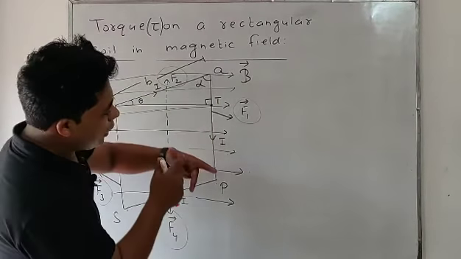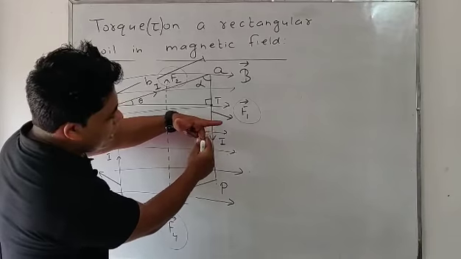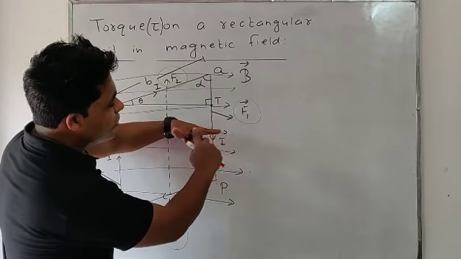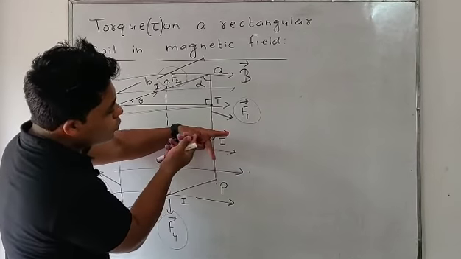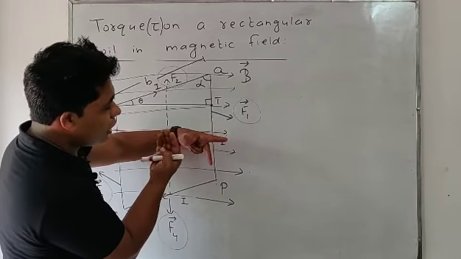This is the direction of current, and this is the direction of the uniform magnetic field. FBI, the thumb represents the direction of force.